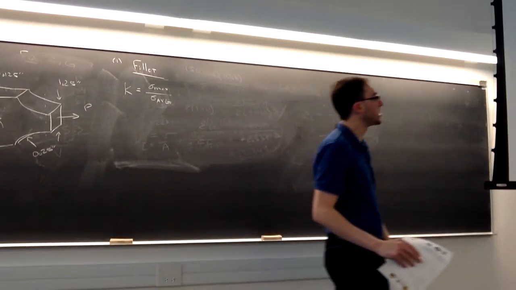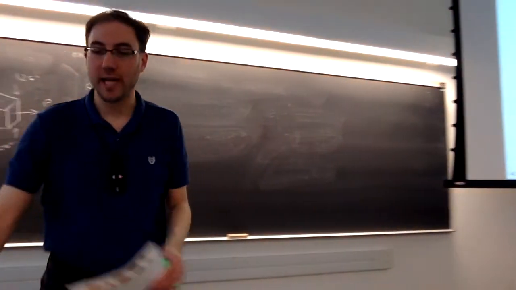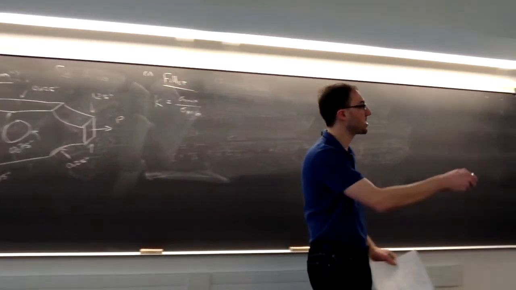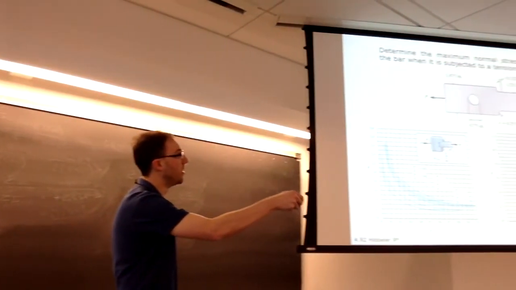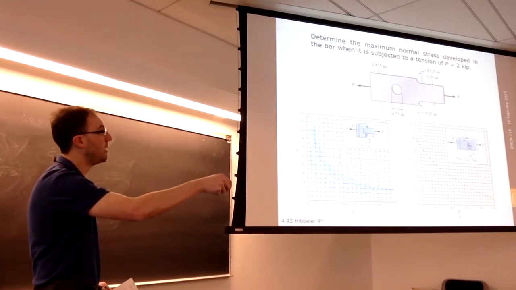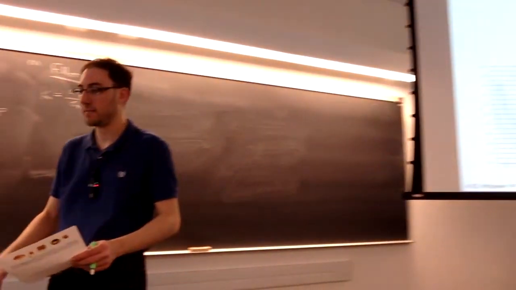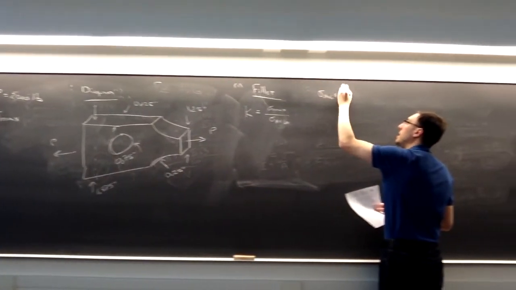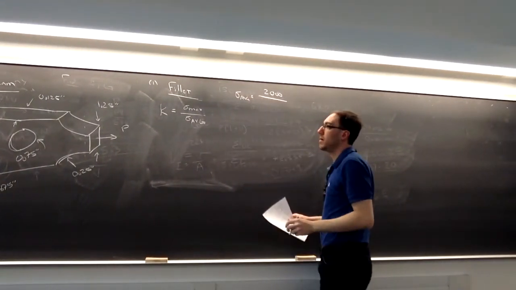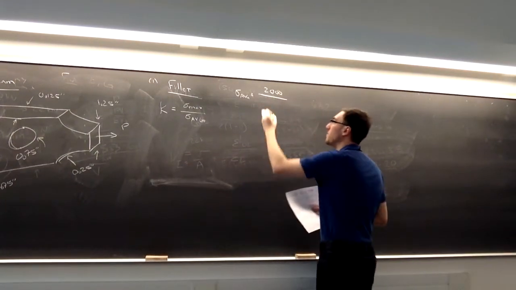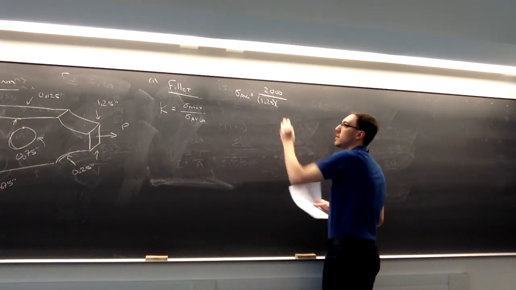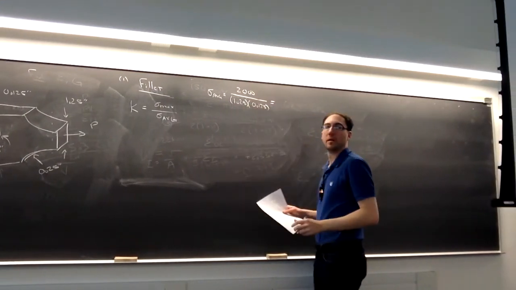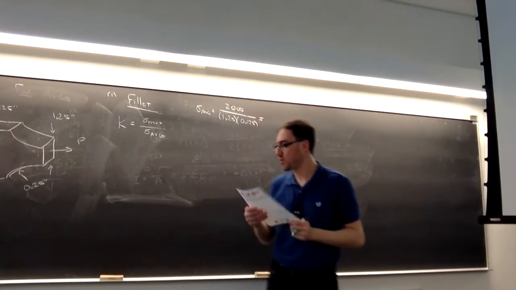At the fillet, this is the left picture, and we calculate the average stress using P over H times T. So it's really the cross-sectional area of the smaller section: the 1.25 times the 1/8 of an inch. So for the fillet, the average stress is 2,000 over 1.25 times 0.125. The average stress value for the fillet is 12.8 KSI.